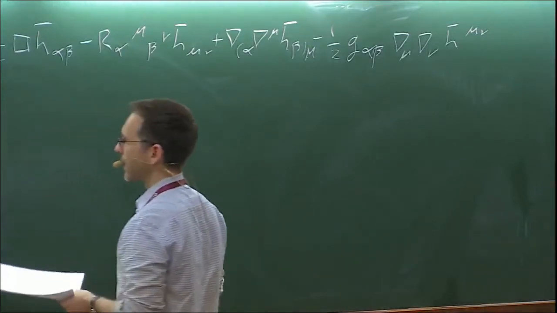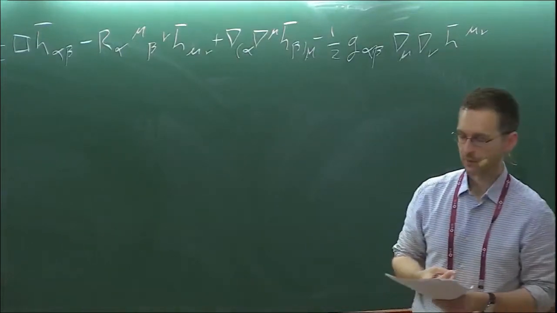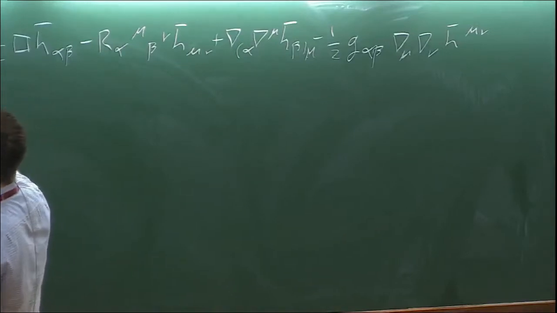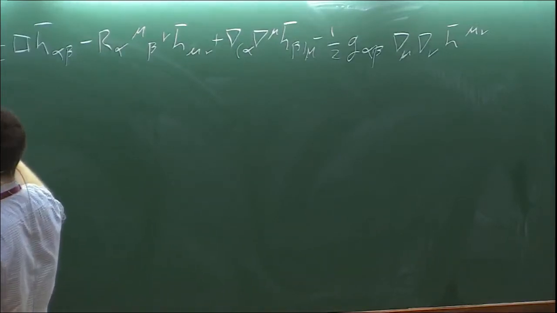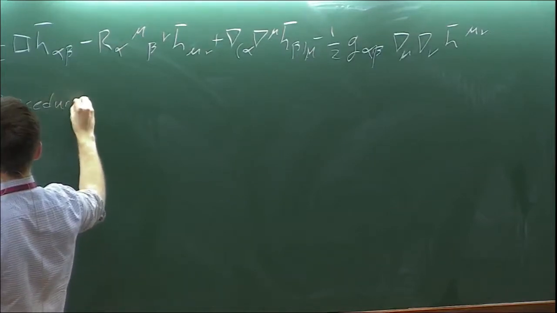Okay. Now you can do all this to second order following exactly the same procedure. So same procedure, but now just keeping quadratic terms. I'm not going to go through the calculation because it gets long.